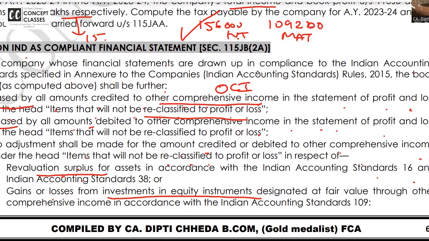Suppose the asset is discarded and now there is an actual profit, no? What is the use of revaluation reserve? Revaluation reserve of plant and machinery is 3 lakh. But the plant and machinery is discarded. Now can I take it to the P&L account? Yes. We will take it only when it is actual. On this other comprehensive basis, no adjustment will be done for these two.